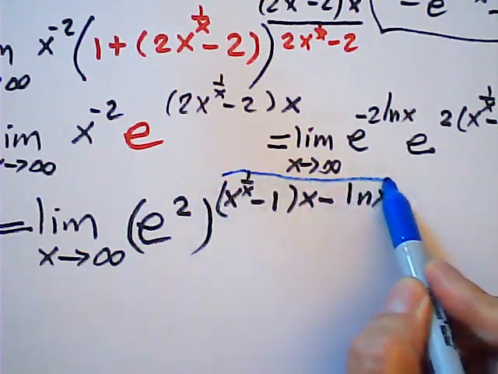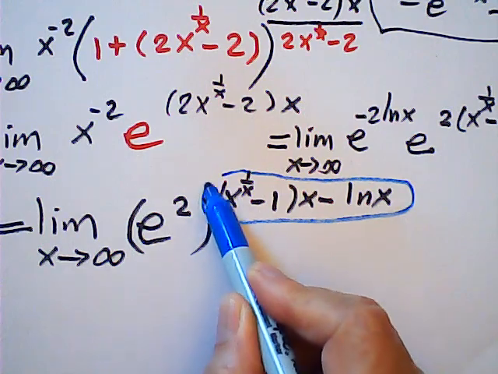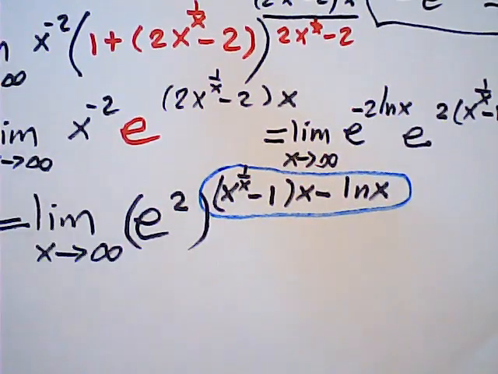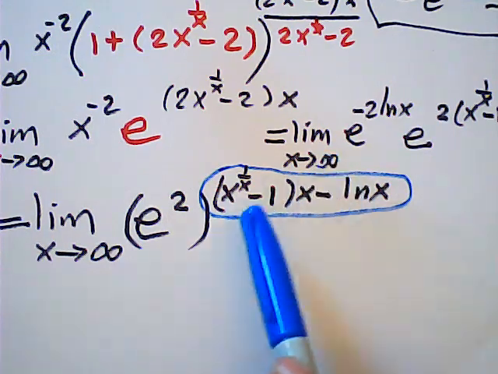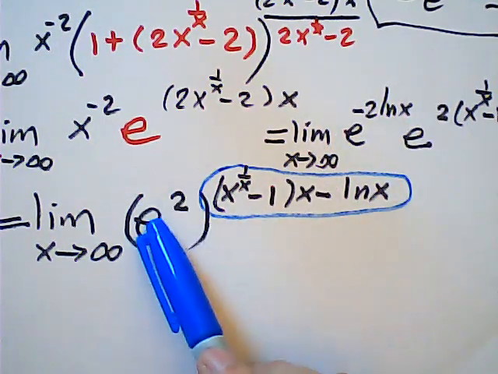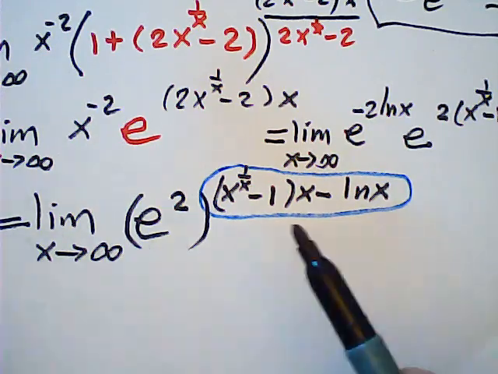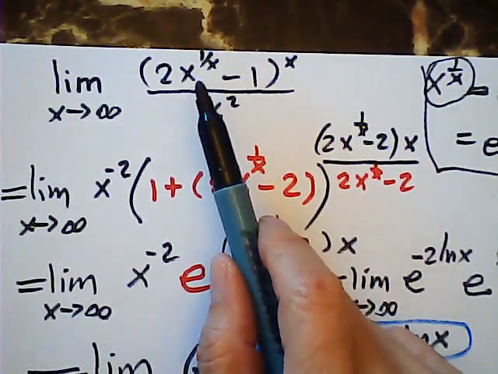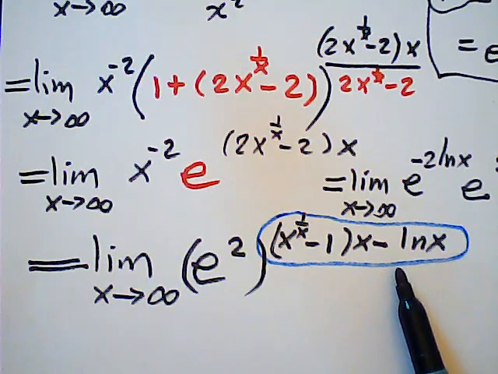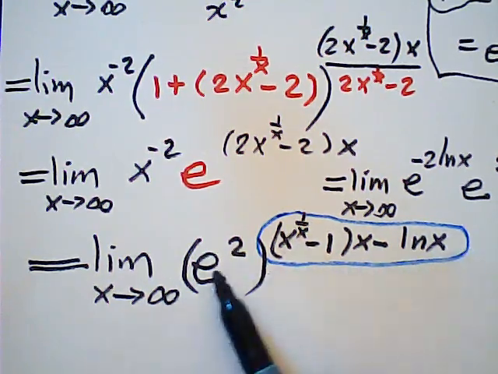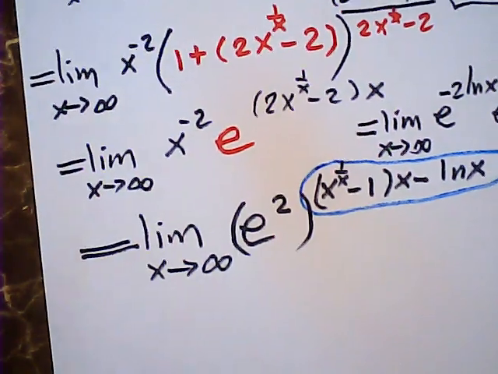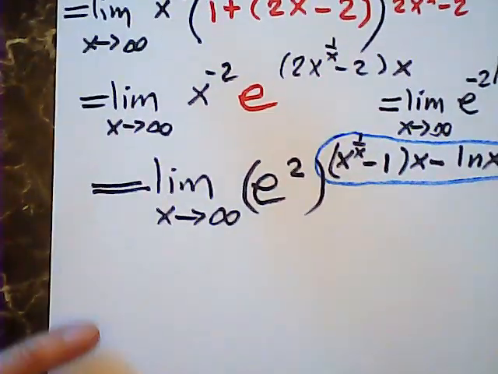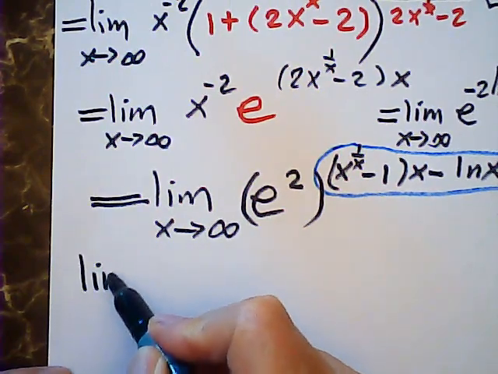So if we can find this, we can find our limit, right? Okay, that's right. So instead of looking for this limit, we are finding this limit. Then we find the original limit. Okay. Then we are looking for this limit.